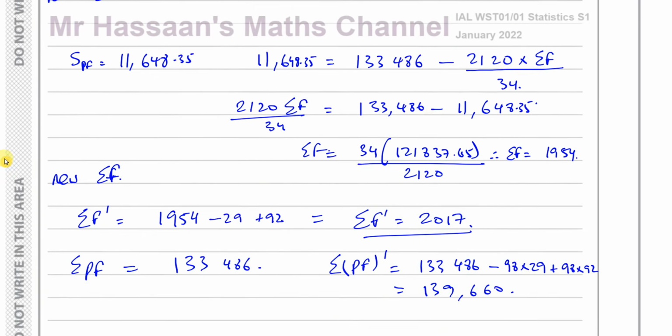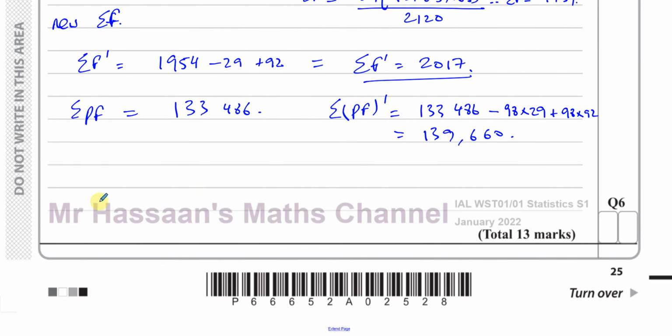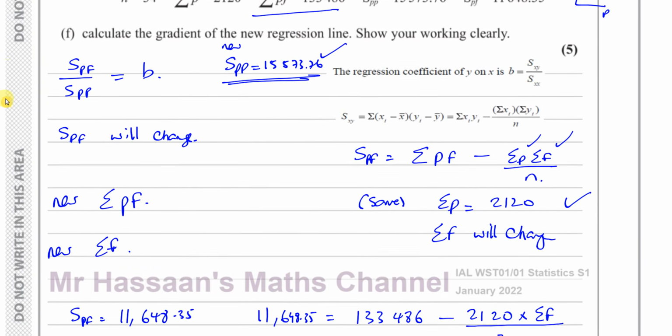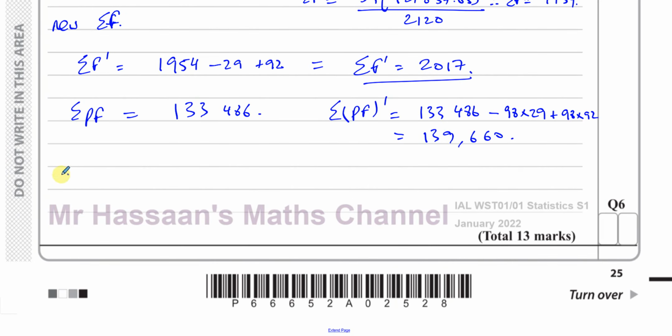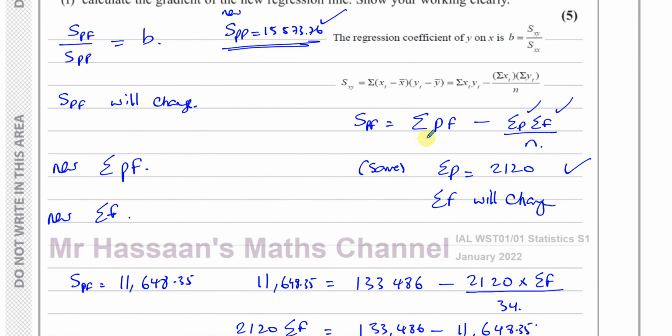So now I can use this formula here. You've got the sum of PF, which is what I have now. The new value of SPF, so SPF dash, is going to be the sum of PF, which is 139,660, minus the sum of P times the sum of F. Now the sum of P has not changed.